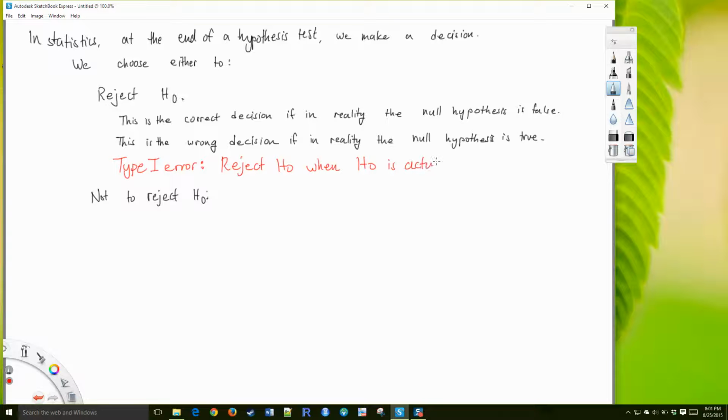This is an error, this is a bad thing. We don't want type 1 error.